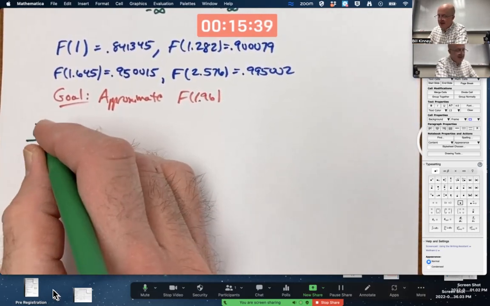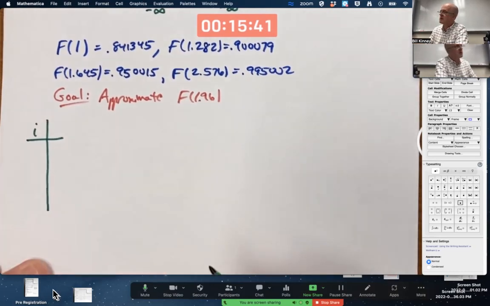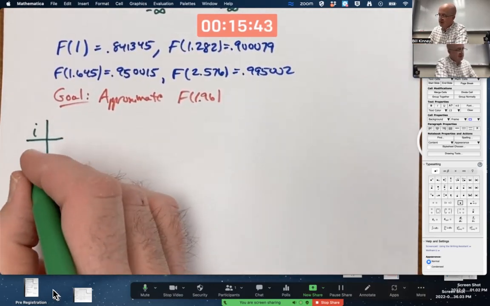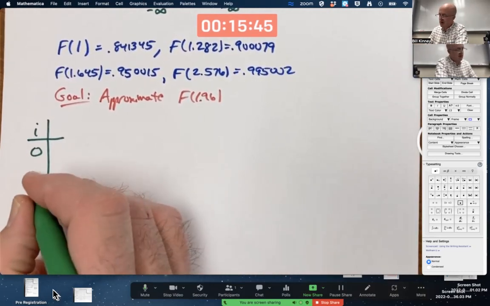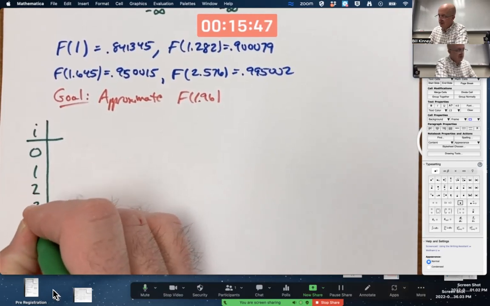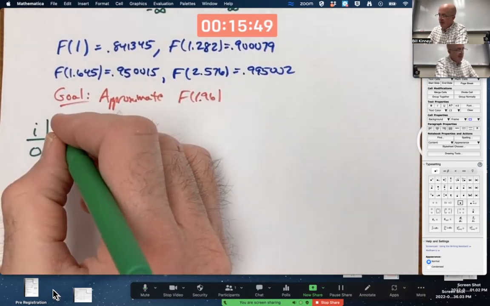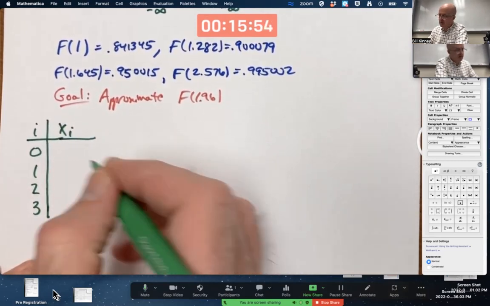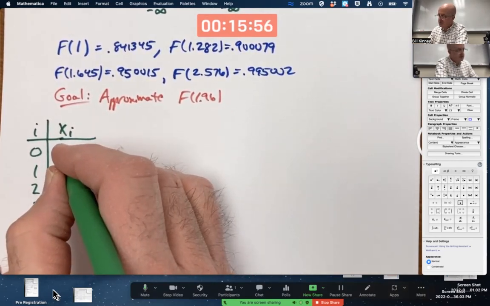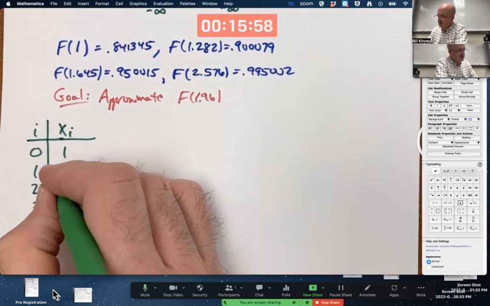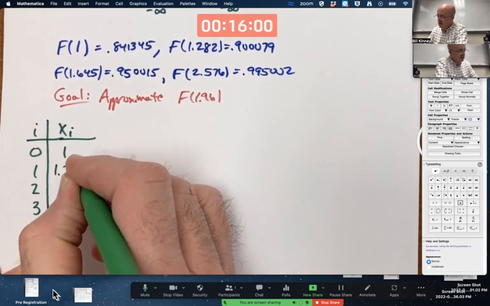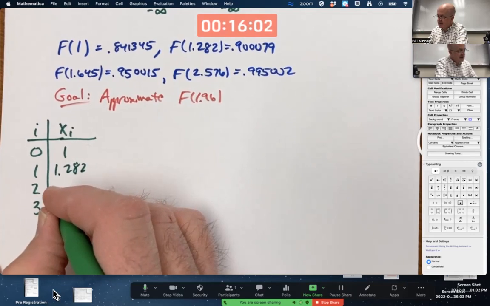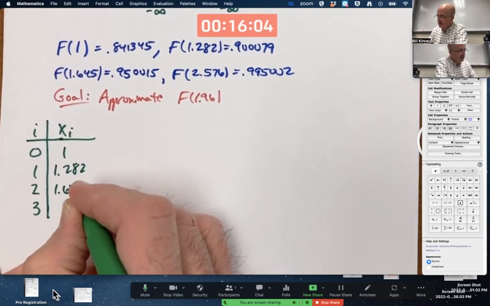So we've got the subscript numbers, 4 of them starting with 0: 0, 1, 2, and 3. We've got the xi's themselves, the nodes. 0th node is 1. First node is 1.282. Second node is 1.645.